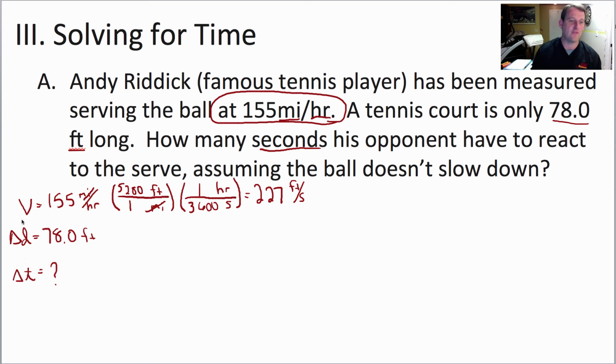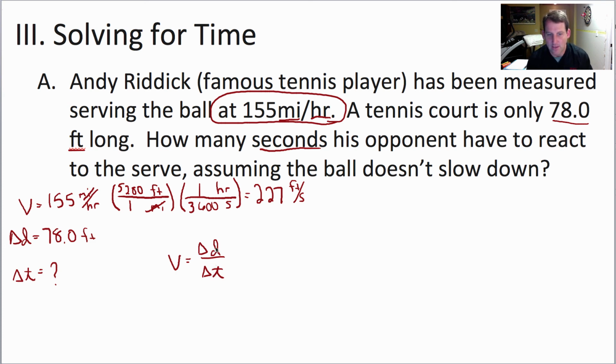So go back to the problem. We have to think, what do we know that relates these three things together? That, of course, is the velocity equation: V equals delta D over delta T. In this case, we want to get delta T, the change in time, by itself. Here's a common mistake people make in doing that.